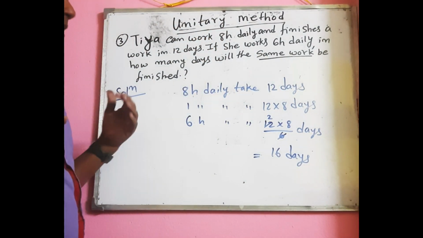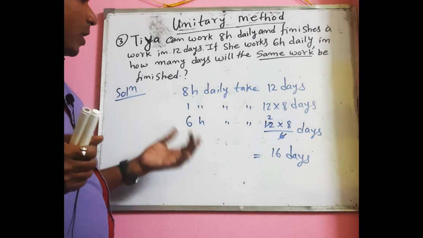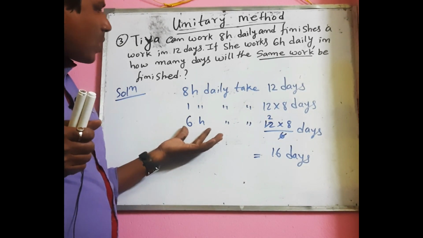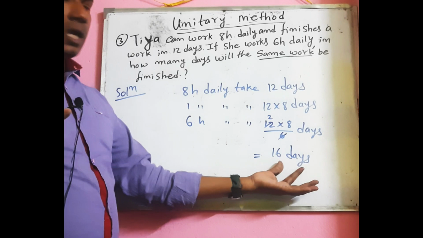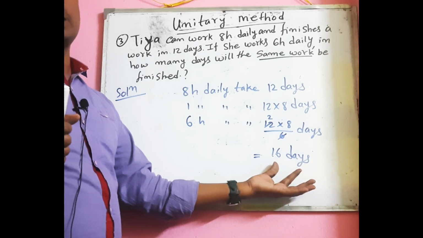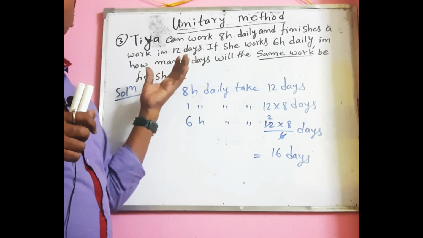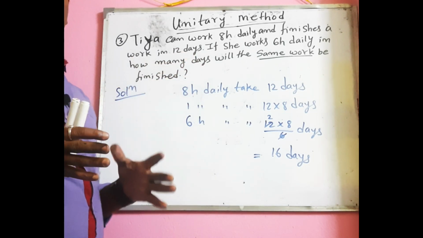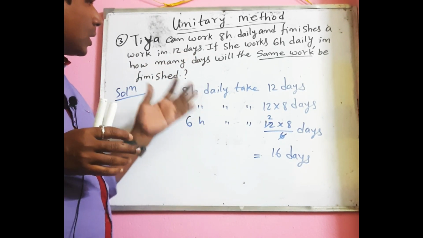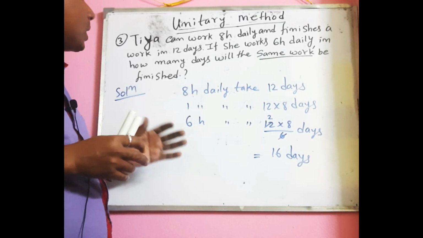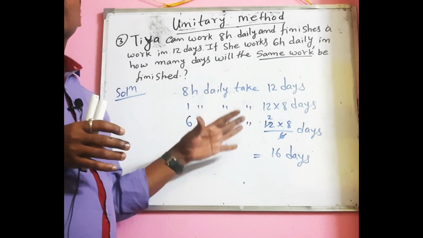So the same work can be finished when she works 6 hours daily in 16 days. So 16 days will be required for her to finish the same work according to the given information. Okay, this is the completion of the third example.